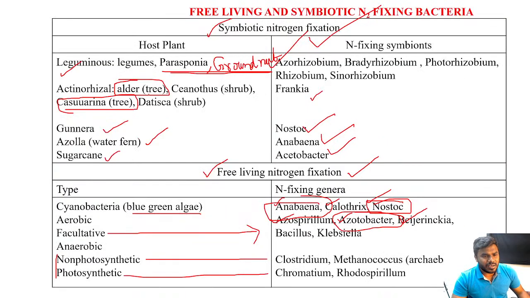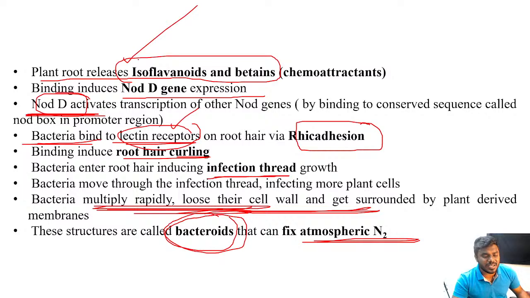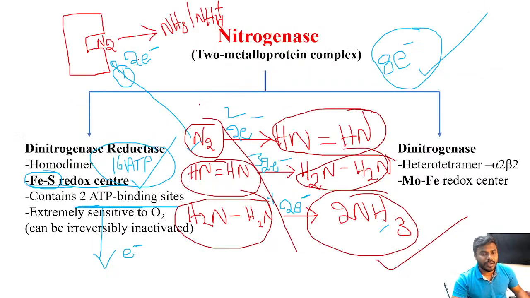I have given it right. Alnus also, and I did not mention anything differently. It is alder, rubber tree. In rubber tree also Frankia fixes nitrogen. It's not different. In rubber tree also, alders are rubber. Okay, you got it.